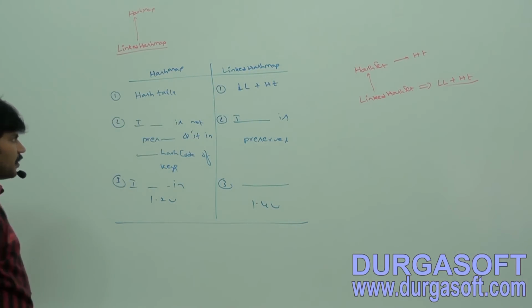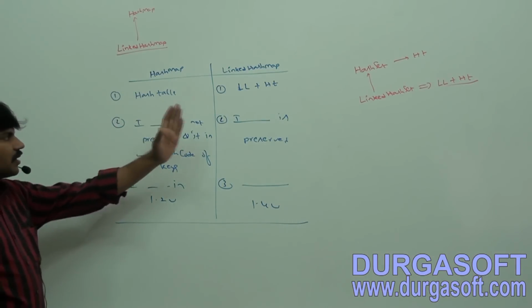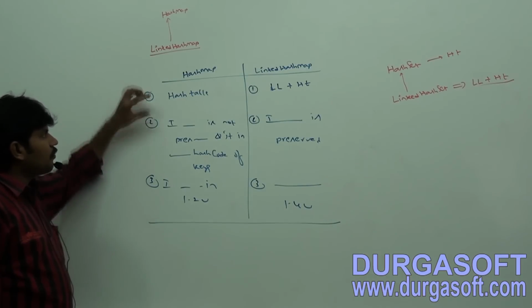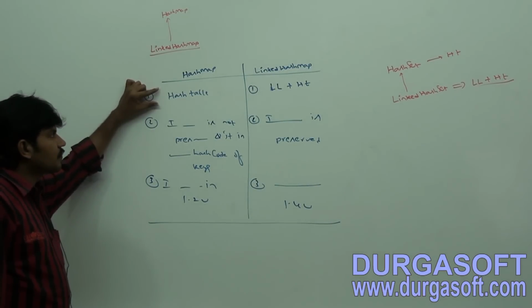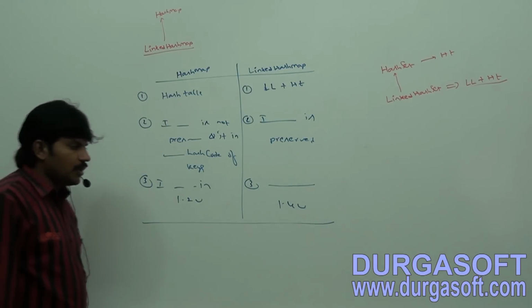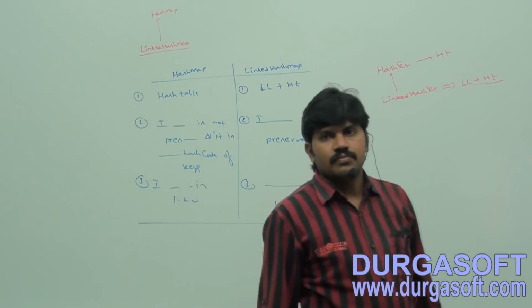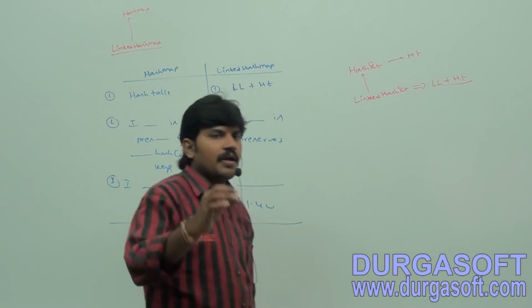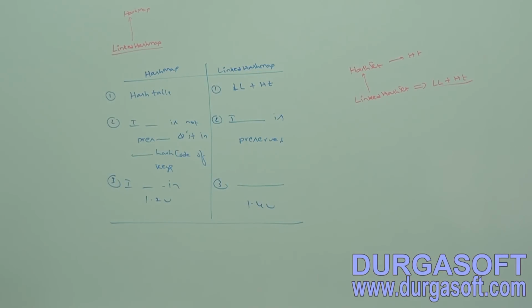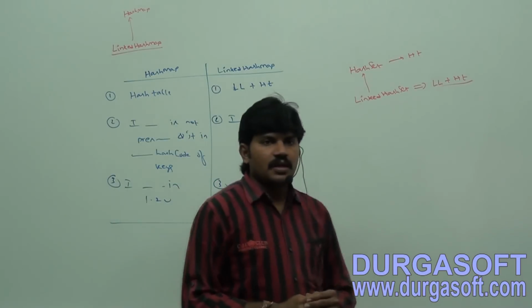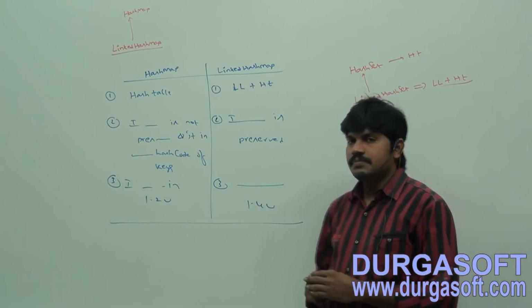Okay, take this one: hash map, linked hash map. First column hash map, second column linked hash map. I will dictate the points. At the first point, the underlying data structure is hash table.